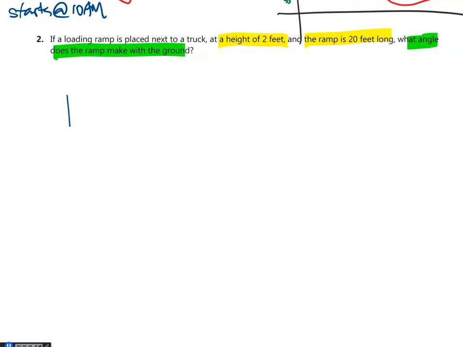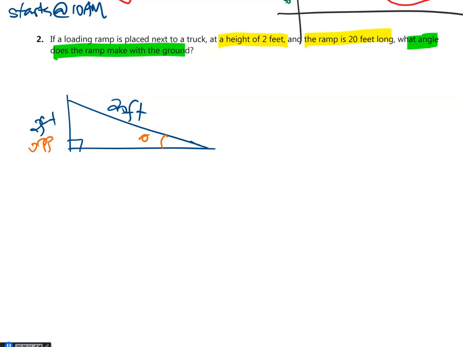So say this is 2 feet and this is the ramp of 20 feet long, and what angle does the ramp make with the ground? So meaning we can get this angle here, and with this angle, this is the opposite side and this is the hypotenuse.